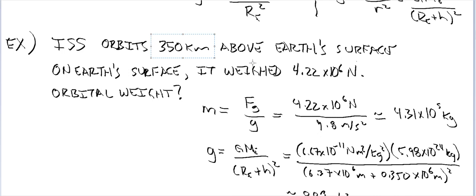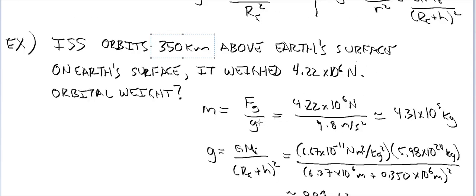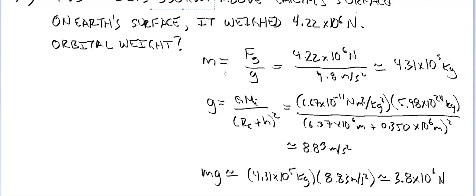And remember, it's not uncommon for a professional basketball player to be about 2 meters tall, maybe even a touch more than that. But 350,000 meters is a lot of professional basketball players stacked upon each other, right?